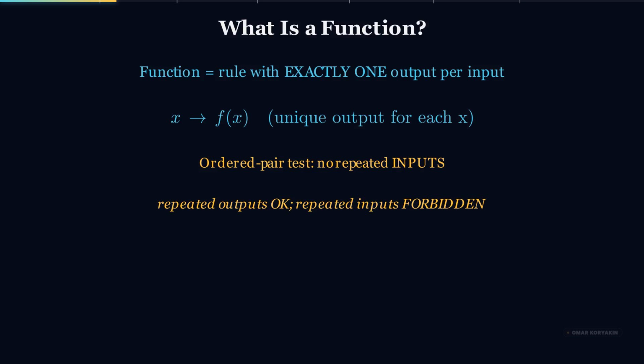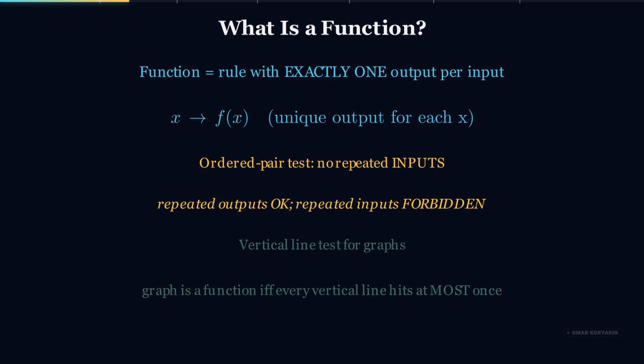A function can be written as a set of input-output pairs, with each pair listing an input and its assigned output. The set is a function if and only if no two pairs share the same input. Repeated outputs are allowed, repeated inputs are not. This is the most concrete way to check whether a small finite relation is a function.